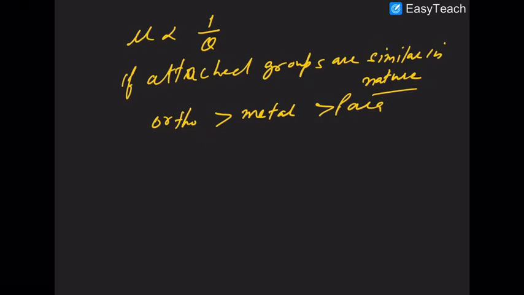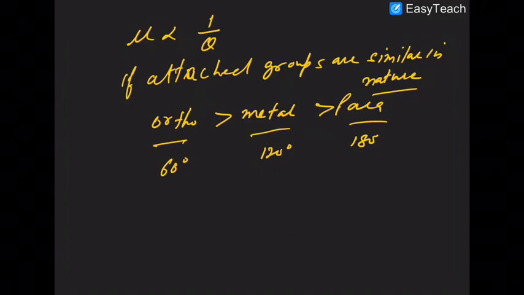But if the attached groups are different in nature, then mu is proportional to theta. Because in ortho theta is 60, in meta it is 120, and in para it is 180.